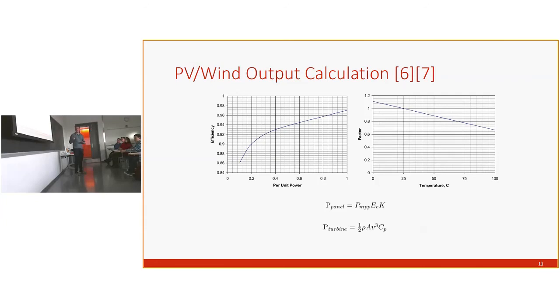This is how the wind and solar are being calculated. Over on the left, you see the efficiency versus per unit power curve for the photovoltaic cell. And over on the right, you see the temperature curve for how much power versus nominal the cell produces with varying temperature.